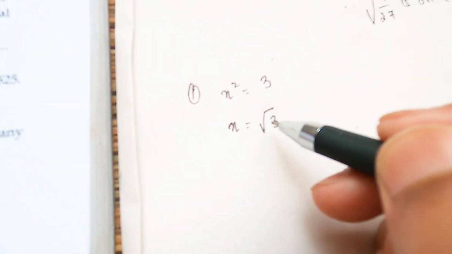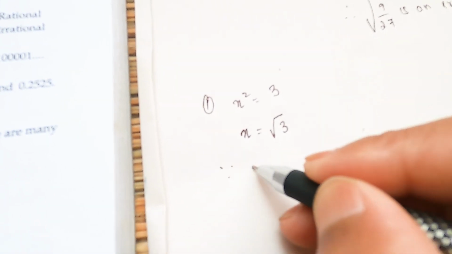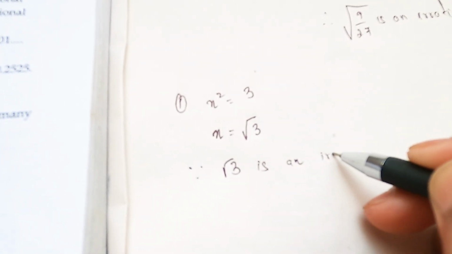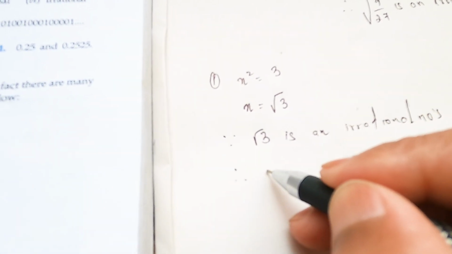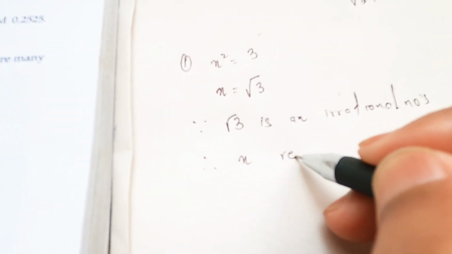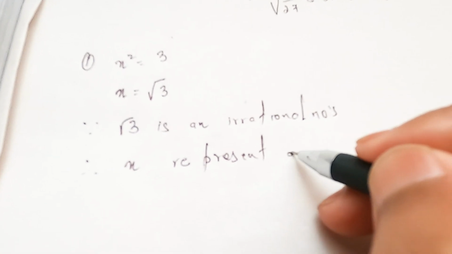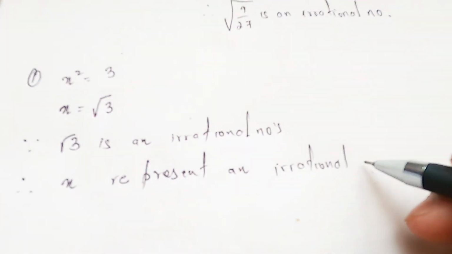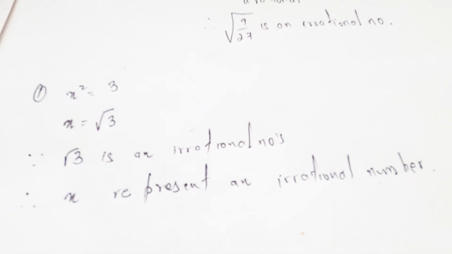Now we know that root 3 is an irrational number. So since root 3 is an irrational number, so therefore you will write here x represents an irrational number. All right, so very simple.